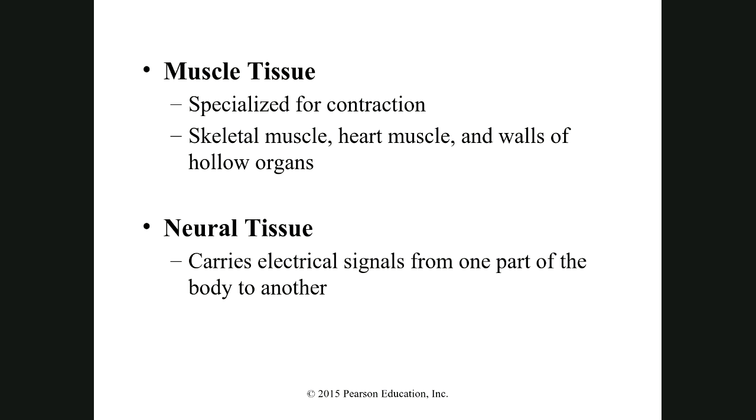Muscle specializes in contraction, and you should be able to distinguish what kinds of muscle. Is it skeletal, is it heart, or is it smooth muscle? Skeletal is the only muscle that you can tell it when to contract, so we call that voluntary.